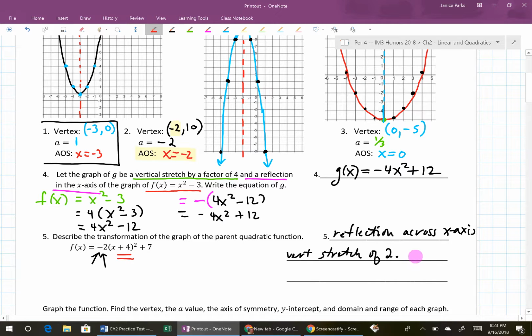Because of this number, we have a shift 4 units to the left and 7 units up.